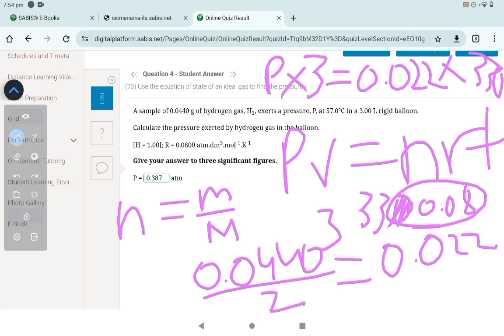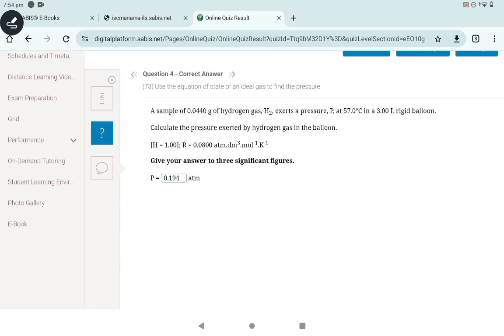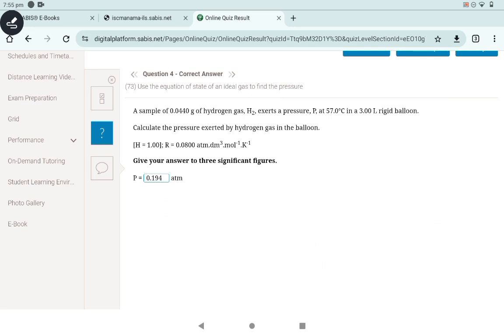On your calculator, 0.022 times 330 times 0.08. Now we found that. Now we divide that by 3 to find the pressure. You find it to be 0.1936. Sorry, here I made a mistake. So 0.1936, you round that off to 3 significant figures, so 0.194.